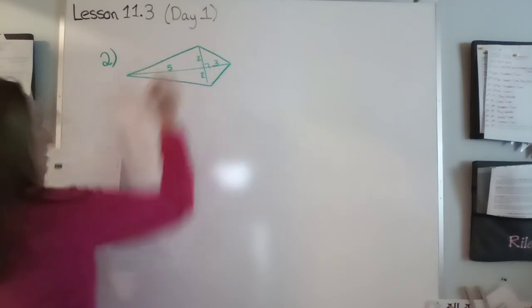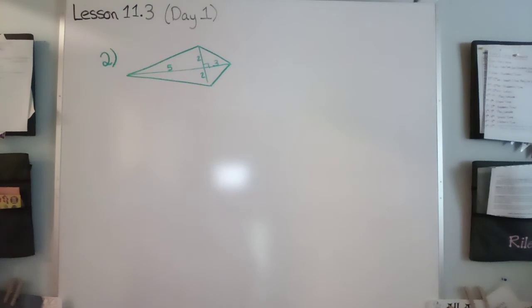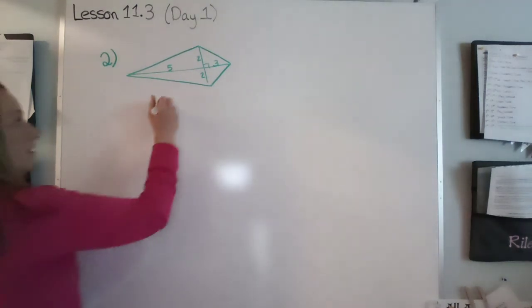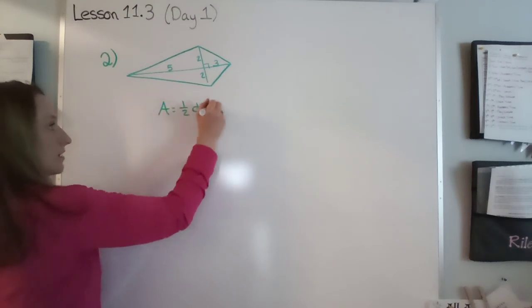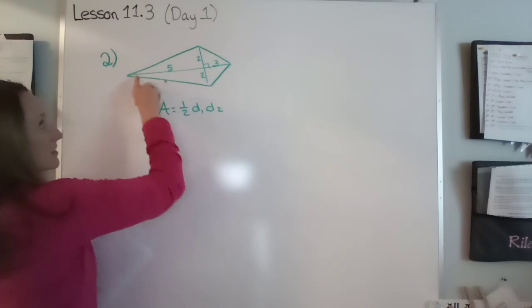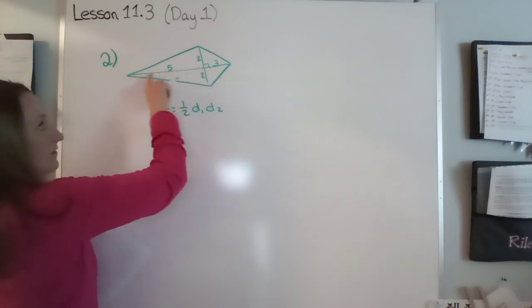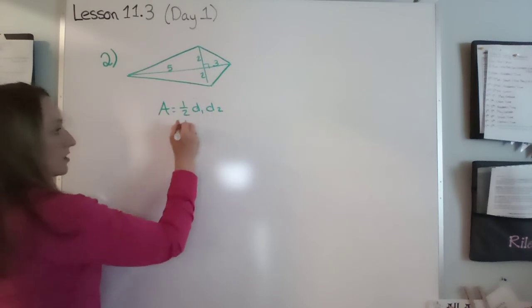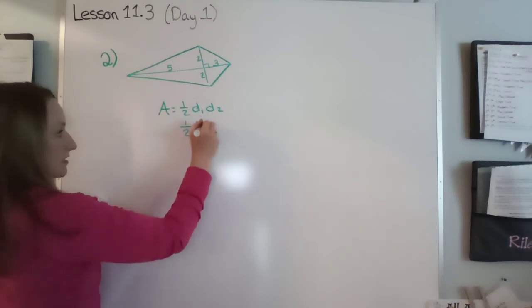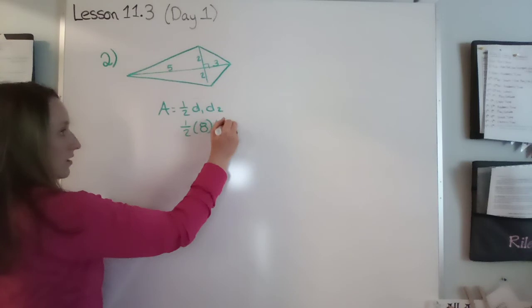This time you are given all the diagonal lengths, so you don't have to do much math. You're just going to fill in. The area is equal to 1/2 diagonal 1 times diagonal 2. Diagonal 1, 5 and 3, gives you 8. Diagonal 2, 2 and 2, gives you 4. So 1/2 times 8 times 4.